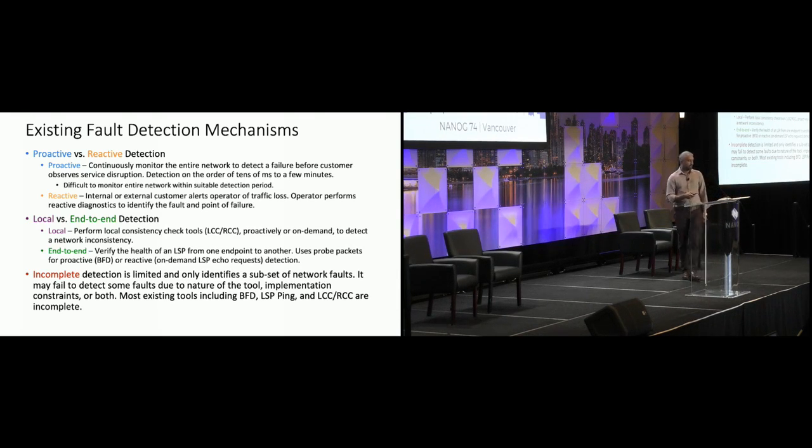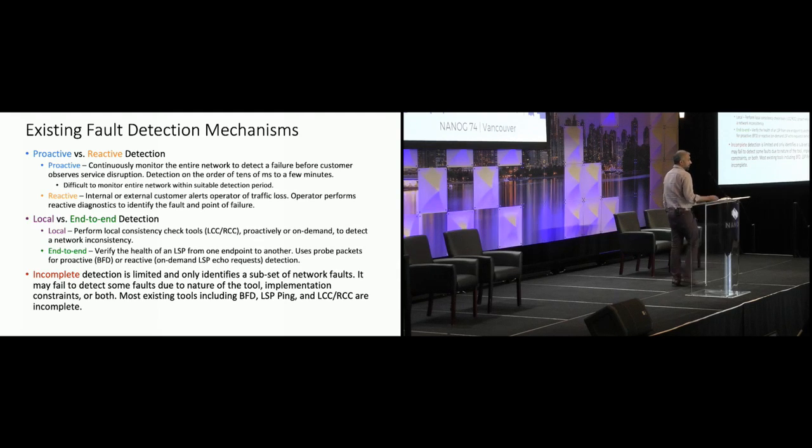But on the other hand, we have LSP ping or BFD, and these tools validate the entire LSP. So if something is broken, BFD can monitor it proactively at a very fast rate. And LSP ping is not meant to be at a constant, very fast rate, but it can detect more faults and various other use cases as well.